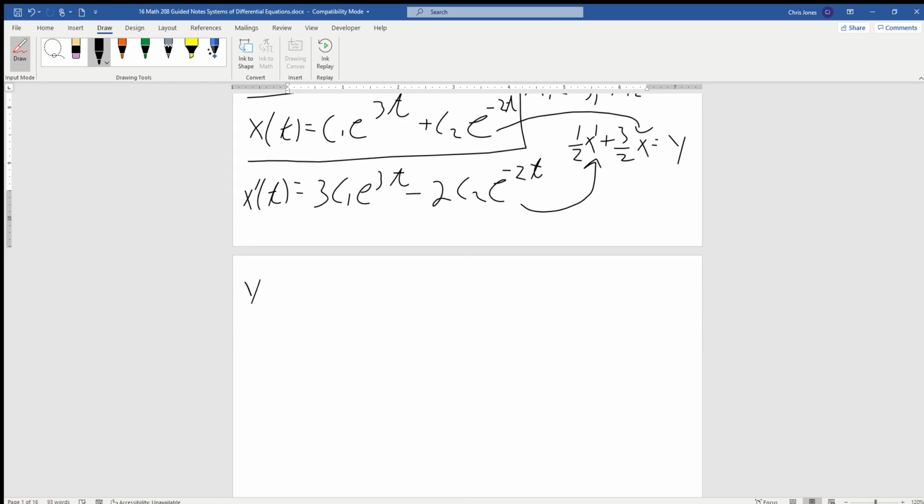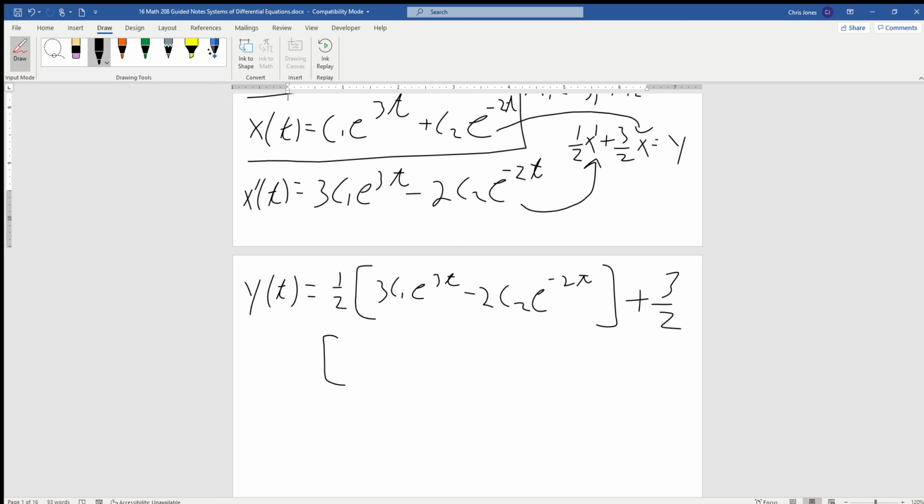So y at t is going to be equal to 1/2 of 3c1 e to the 3t minus 2c2 e to the minus 2t plus 3 halves of the original x, which was c1 e to the 3t plus c2 e to the minus 2t.